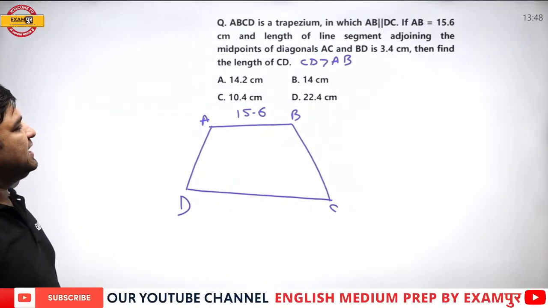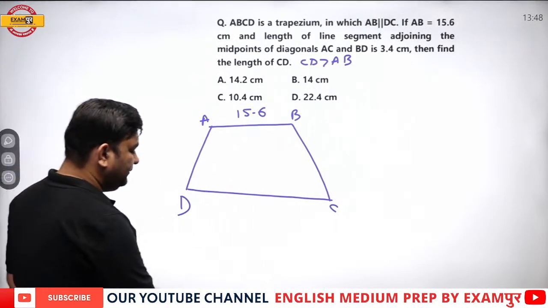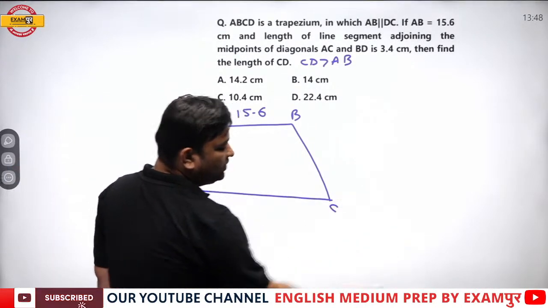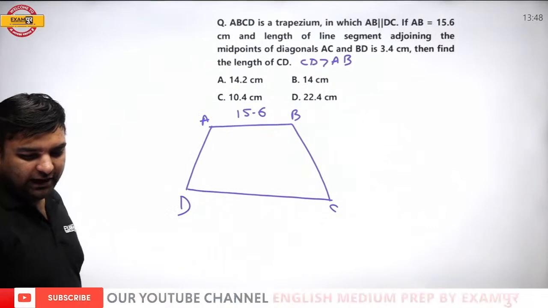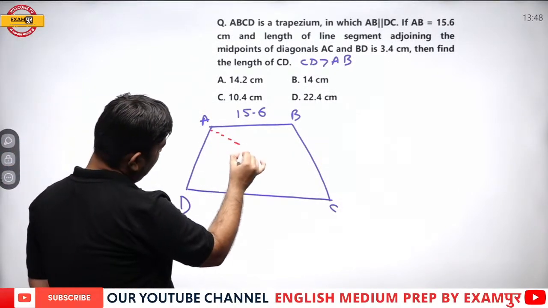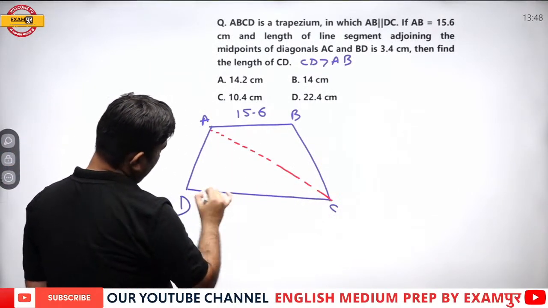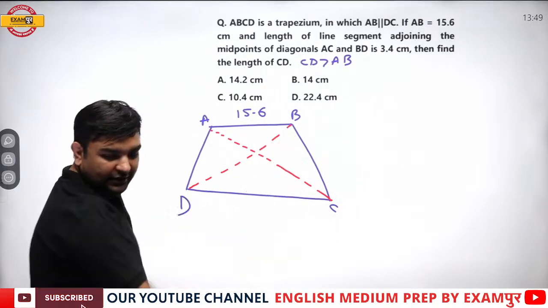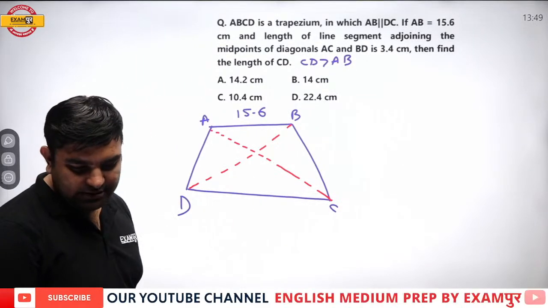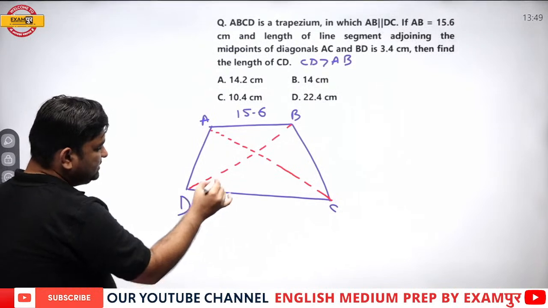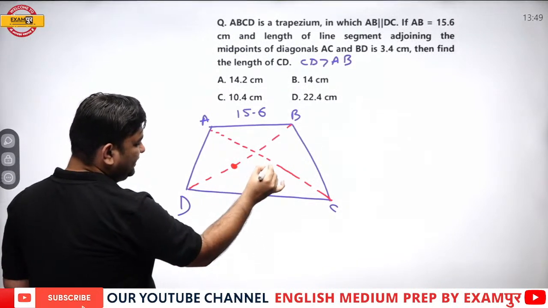The length of the line segment joining the midpoints of the diagonals. Yeah, that was correct, Priyavrata, that is correct.